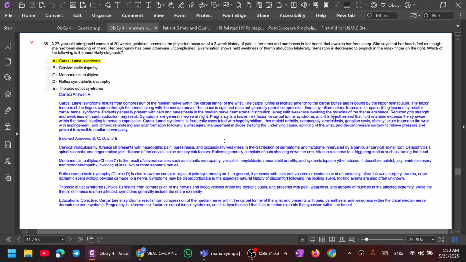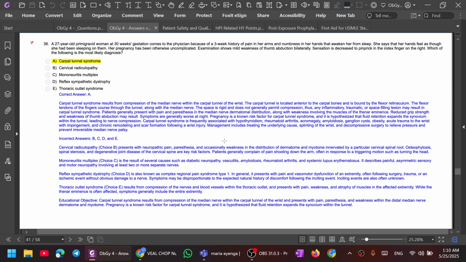Symptoms are generally worse at night. Pregnancy is a known risk factor for carpal tunnel syndrome, and it's hypothesized that fluid retention expands the synovium within the tunnel, leading to nerve compression. Okay, so fluid compresses the nerve.